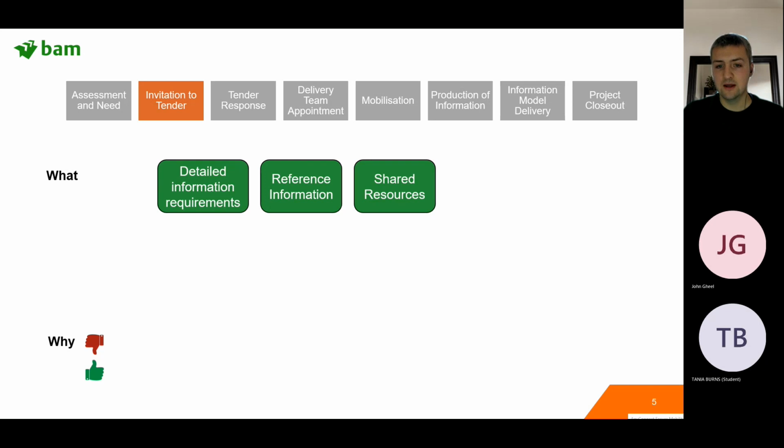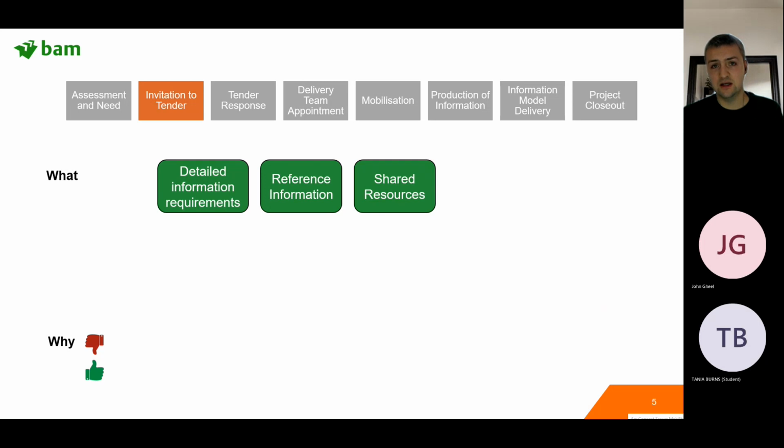Shared resources. So this is a requirement for the whole team to not be doing the same task several times, but to share their resources where possible or where it's beneficial. An example of that would be clash detection, which is something we do between the models.